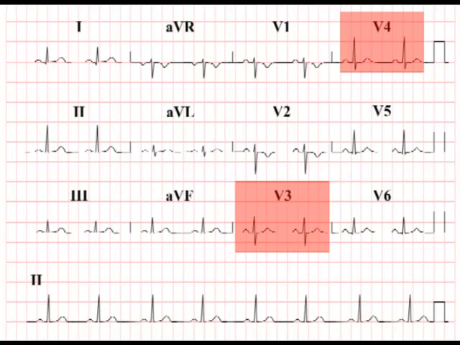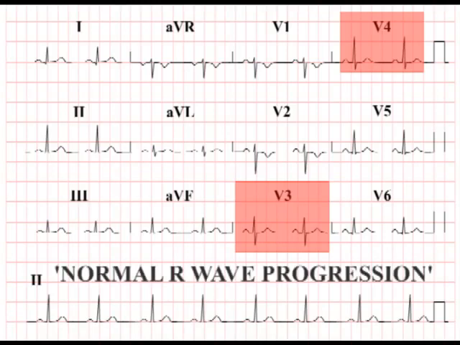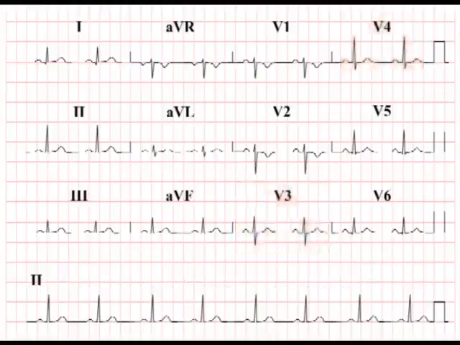The transition at this point from an overall negative QRS to a positive QRS complex in the chest leads is termed normal R wave progression and reflects the dominance of a healthy left ventricle with a normal pattern of flow of depolarization around the chamber in generating QRS morphology.